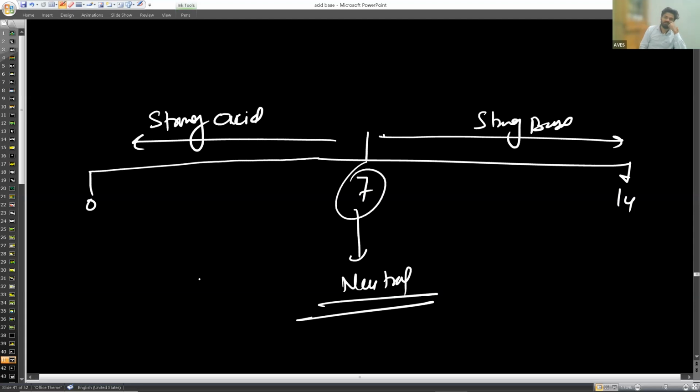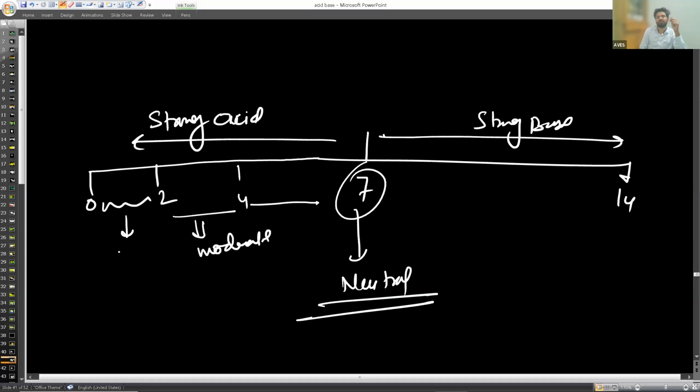Understood? So strong acids are those acids that have pH less than 7. Strong acids come under the category from 1 to 2. Then 2 to 4 is moderate acids, and then 4 to 7 is weak acids.